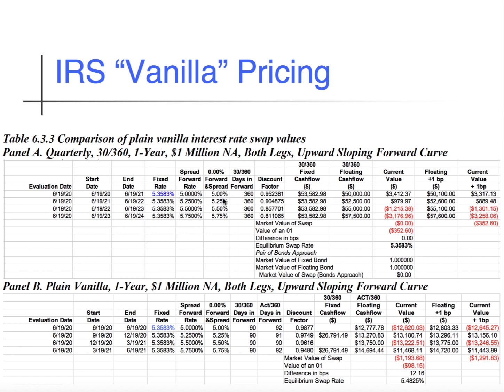This is a 30/360 day count on both legs of the swap, quarterly reset. To get a zero mid-market value, we have to use a 535.83 fixed rate.